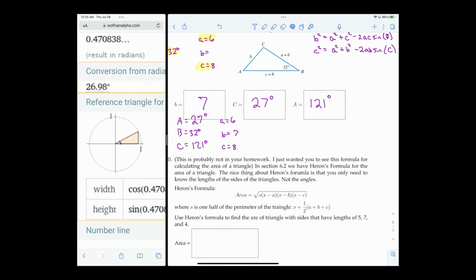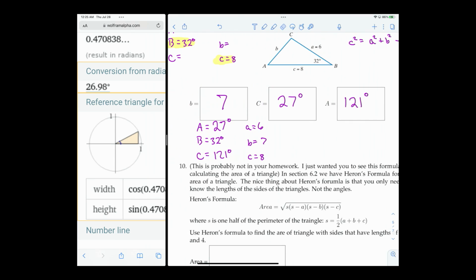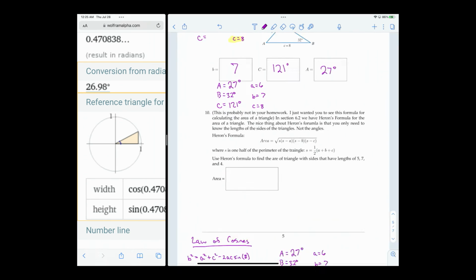Okay, all right, so let's put them in the right spot. So actually, the C is 121 and the A is 27. So we just reversed those. Sorry about that.